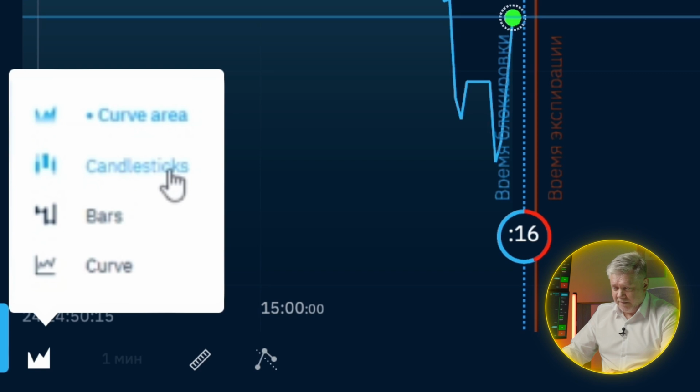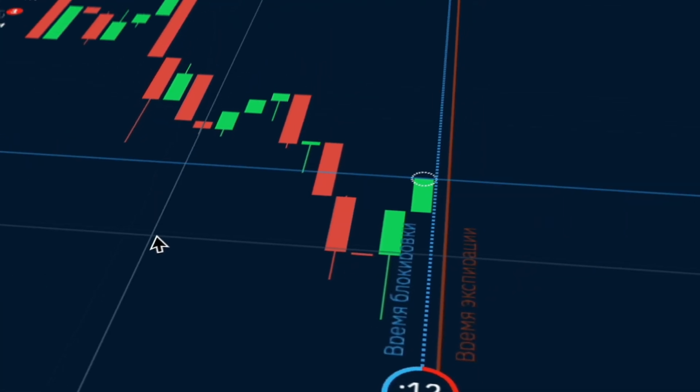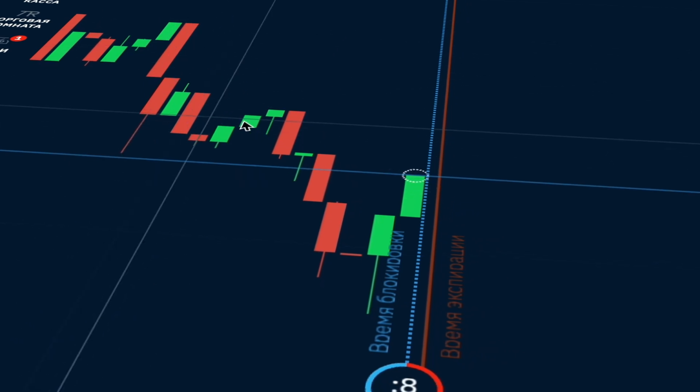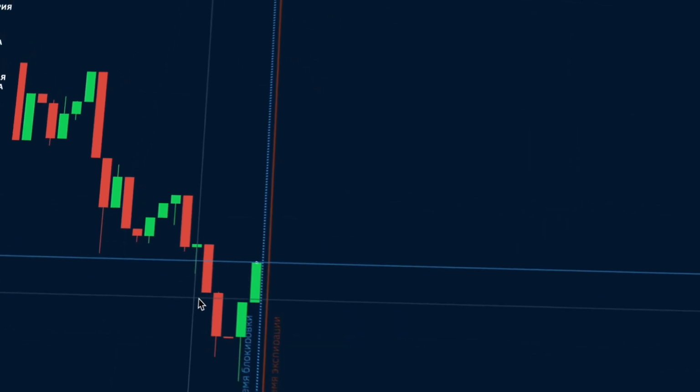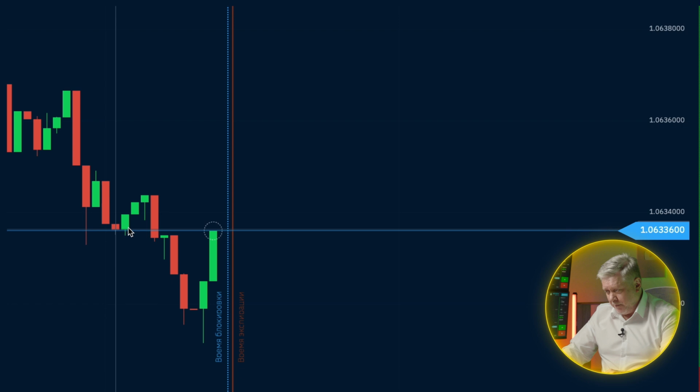So I click, and here we have the graph. Here we see red and green candles. A red candle means that at some point in time the price was decreasing, while the green one, on the contrary, was growing.